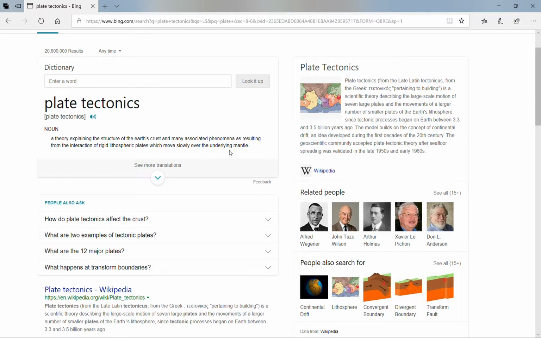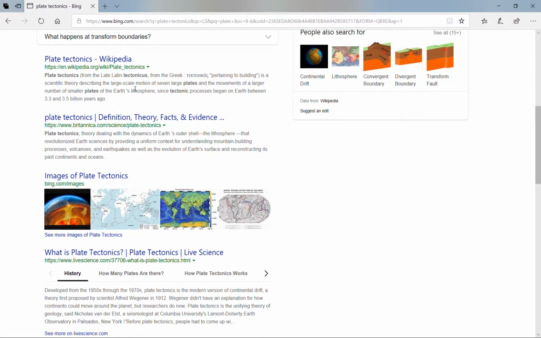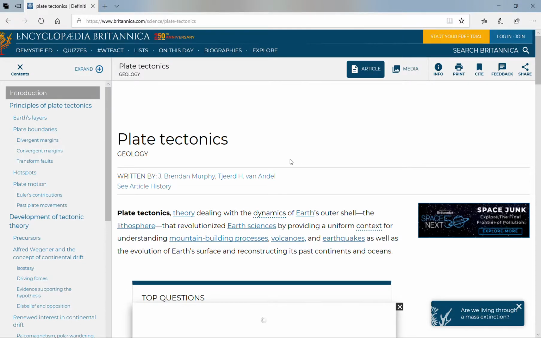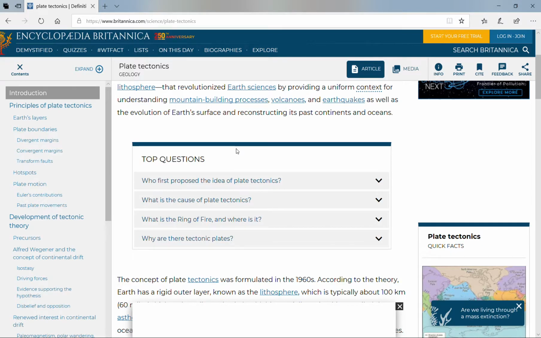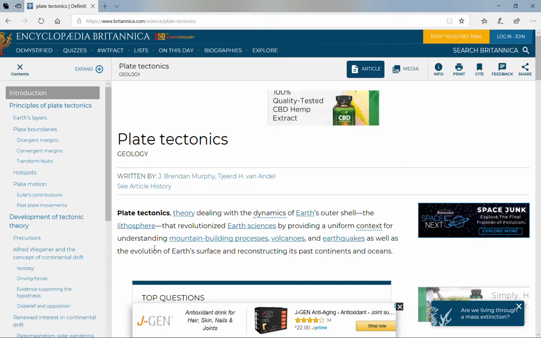Basically, these lithospheric plates move about 2 inches every year. I'm just going to go onto this website. This theory deals with the dynamics of the Earth's outer shell, the lithosphere.